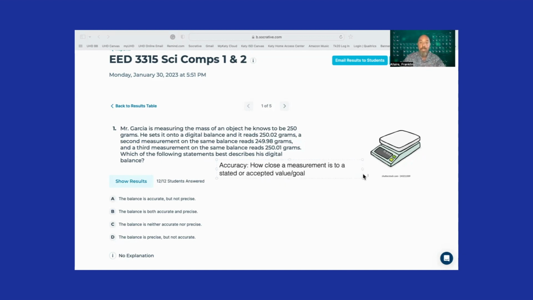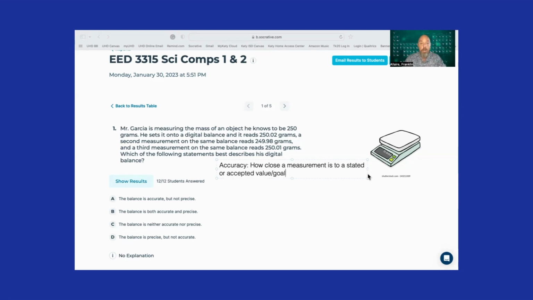That's why it's very important in this case for us to know that the object Mr. Garcia is measuring, he knows to be 250 grams. That becomes a really important part of this problem.